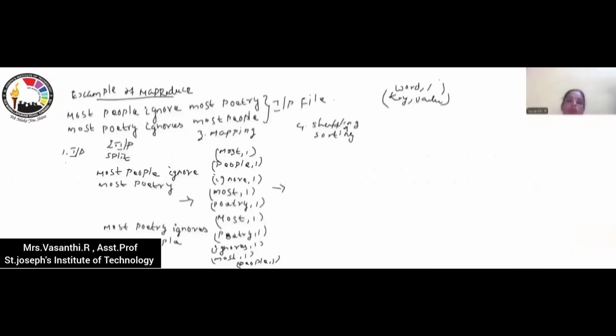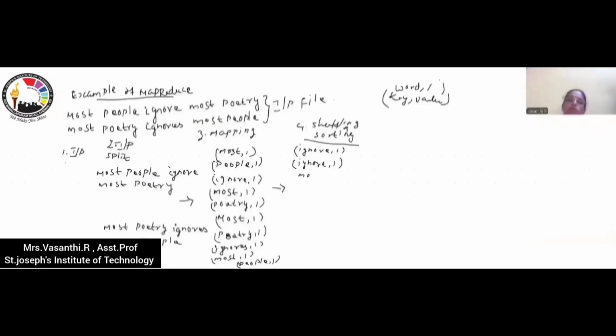The first one is ignore, that is the alphabetical order. Ignore comes first. The next one is ignores, comma, 1, where ignores is the key and the value is 1. The next one is most.